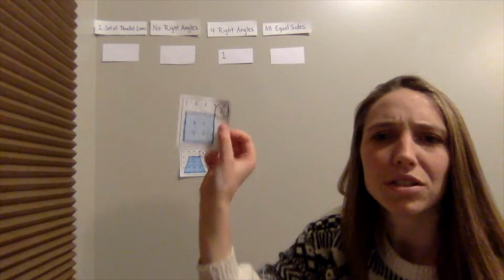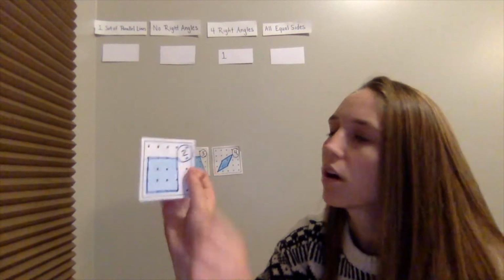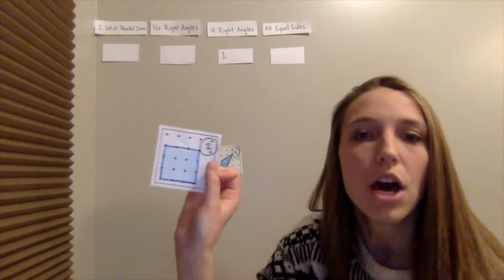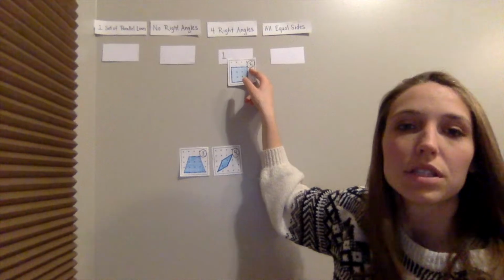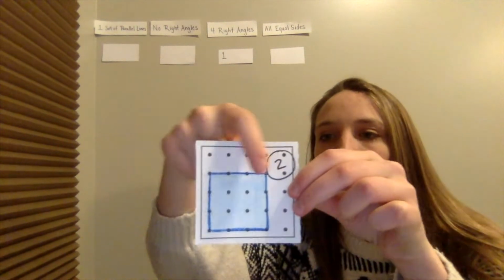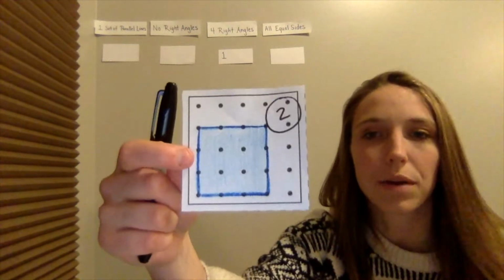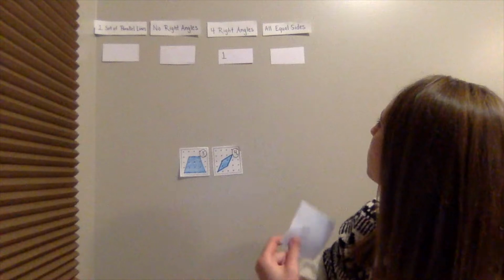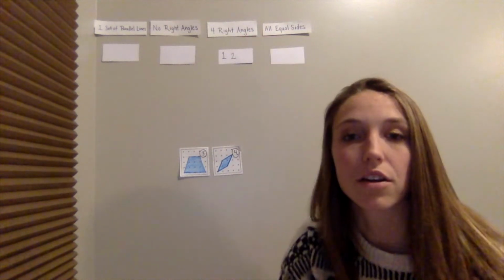It could not go into no right angles because it has 4 right angles. Okay, so it could not go under that one. But right over here, you see that it goes under 4 right angles because I see 4 perfect L shapes. Okay, so I'm going to write, you see how we got a number 2 for my square? I'm going to write a number 2 right over here into that group.